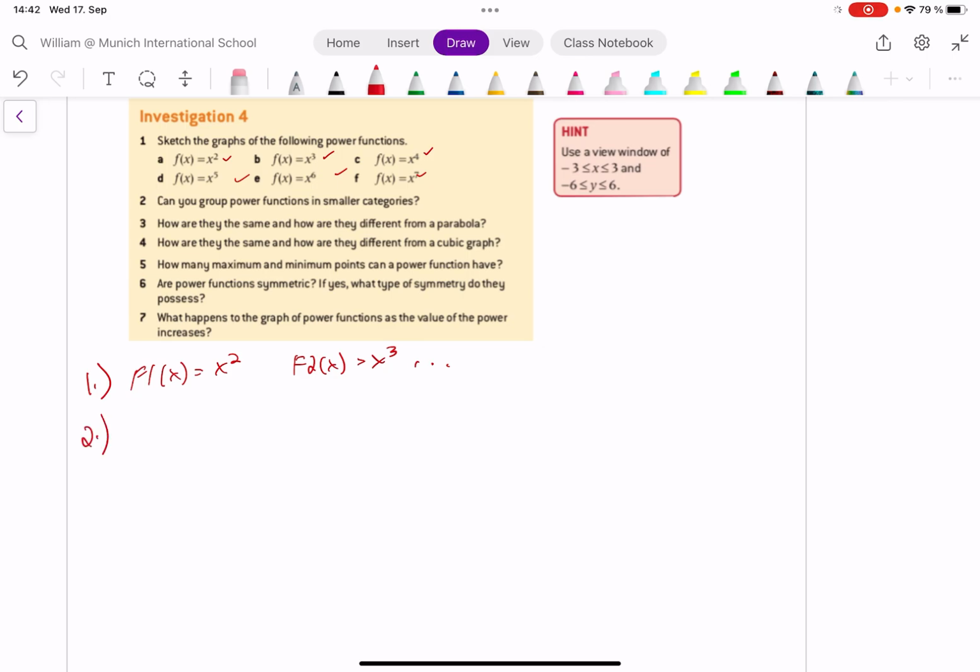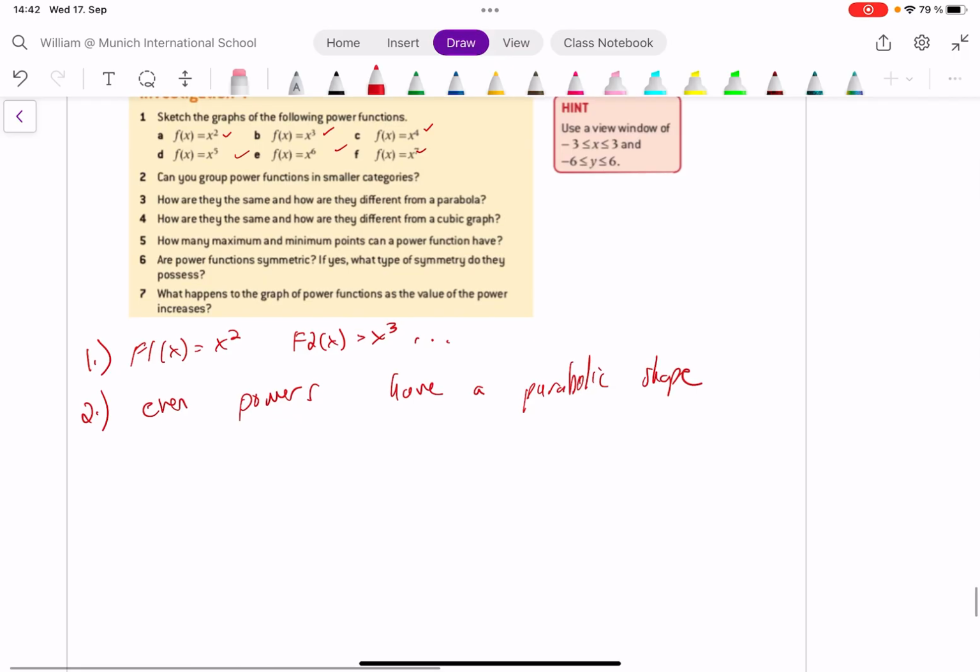And so what you'll notice is that even powers have a parabolic shape, whereas odd powers have sort of a cubic shape, but it could be flatter. It's a cubic, but they're doing this kind of shape when we look at them.